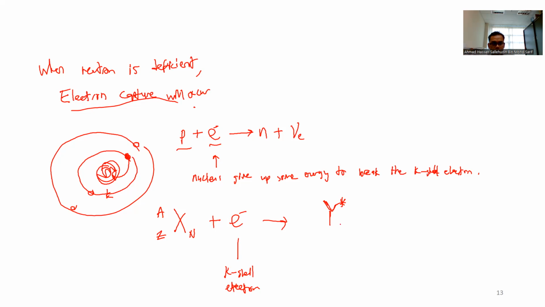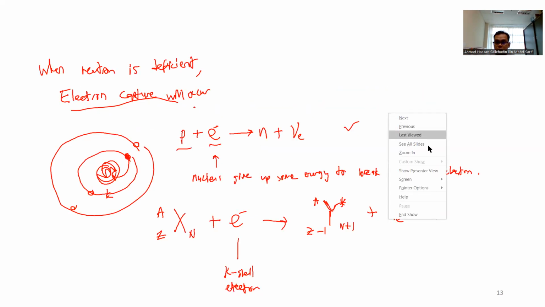So neutron increases, proton decreases, mass number remains the same. Plus the neutrino. This is the decay process, this is the particular process. And we have to consider the energy. So I need to add more slides.